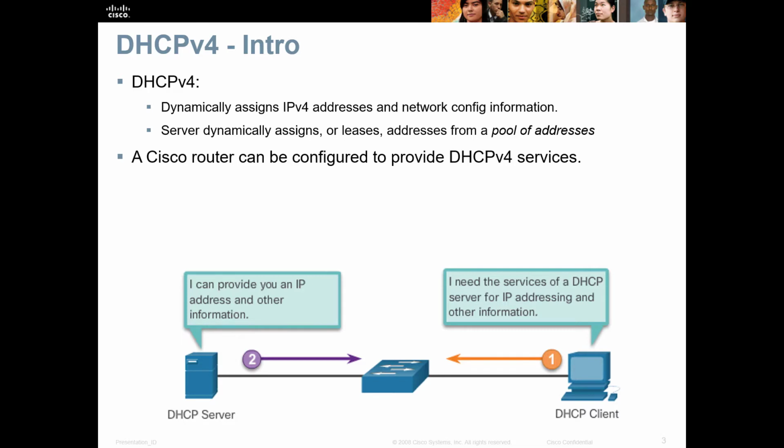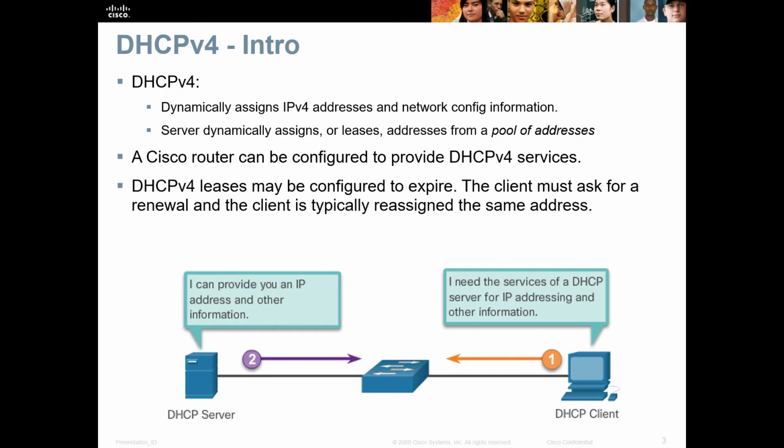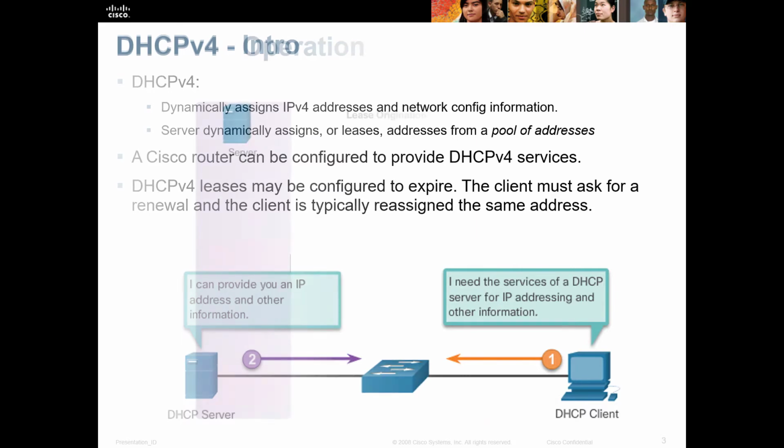Okay, so they're going to be done as leases, and they're going to be configured to expire, just like it says here. And then the client's got to ask for renewal. That's why I'm saying don't lose that this process is going on. Okay, so what's next?